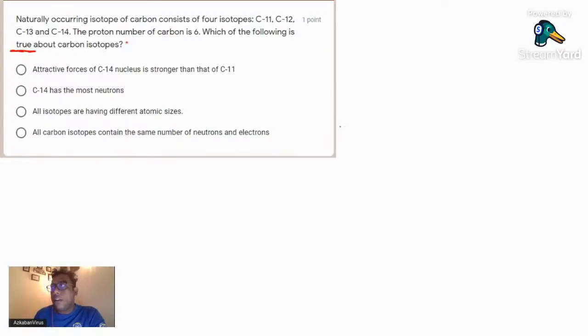So, the first thing first, remember, kalau kita ada 4 isotope, kita tulis dulu carbon 11, carbon 12, carbon 13, carbon 14, and we were asked to determine something about dia punya isotopic notation, subatomic particle. So dia punya proton, neutron, and also dia punya electron.